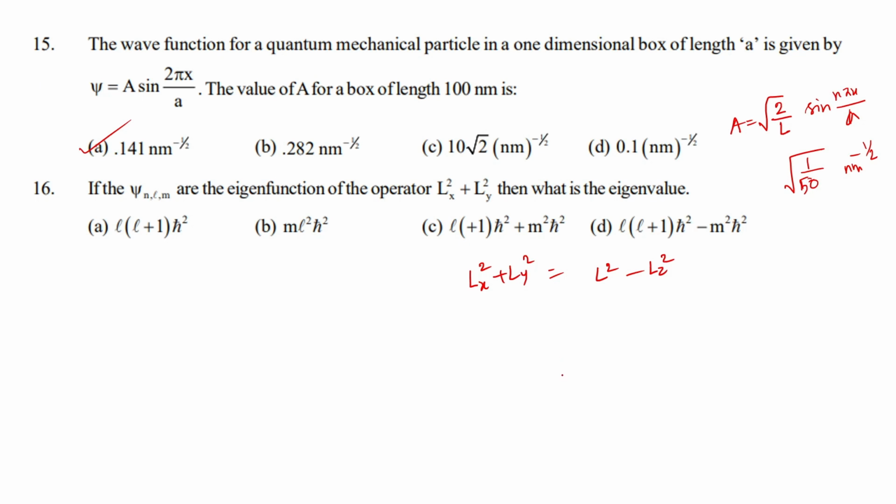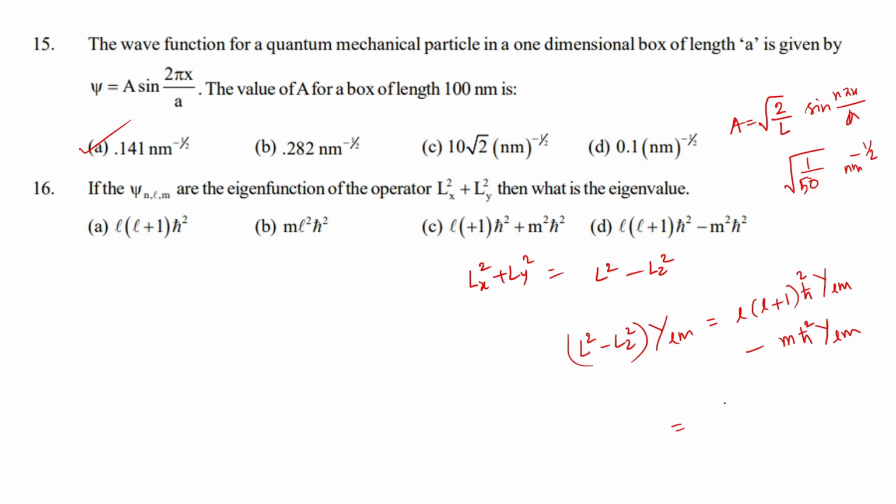And you know already, when L square minus Lz square operates on that spherical harmonic, you are going to get, for L square, L into L plus 1 into h cut square and get back your spherical harmonic, and for Lz square you are going to get m h cut and your spherical harmonic. So this is nothing but, sorry, h cut square.